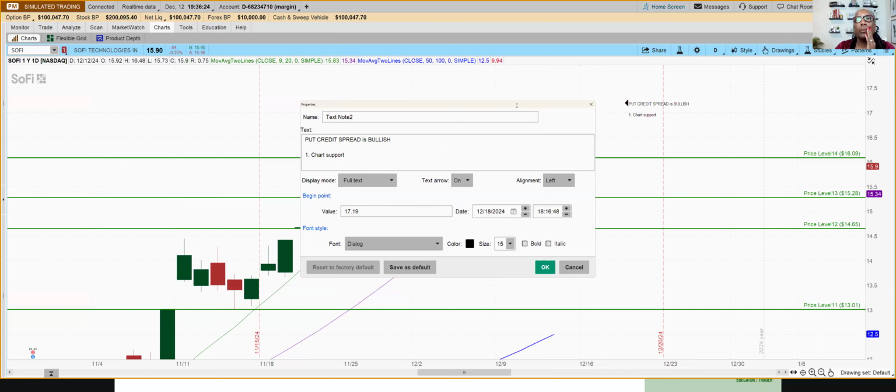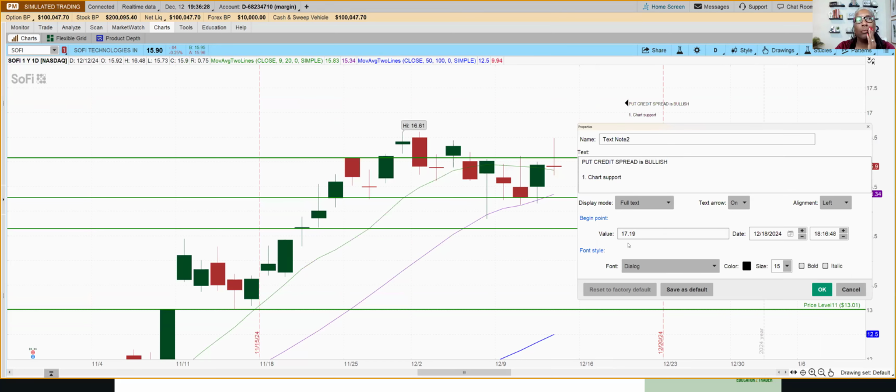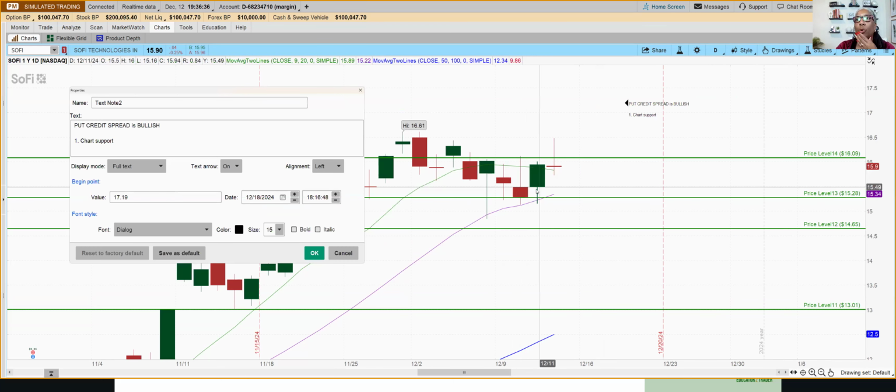Okay. We're charting our support, which I got us right here. Let's move you again because now you're in the way. I got support down here at 15.28. Remember, we're starting at current price and going down to the pivot place or the place where it turns around.